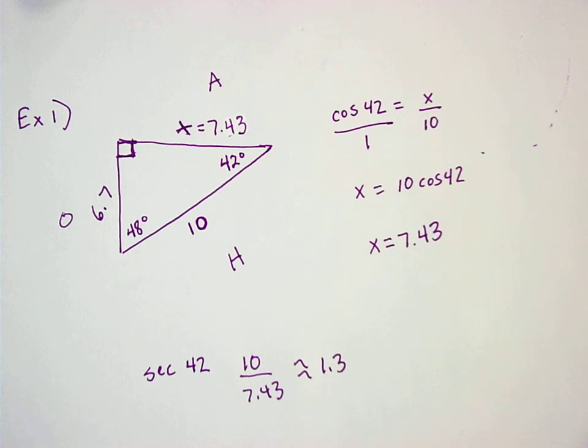Yeah. Okay. Does anybody know how to do secant in your calculator? Because there's no secant button. Alexa, what do you do? You hit second and then like the sine or whatever you're using. Right.